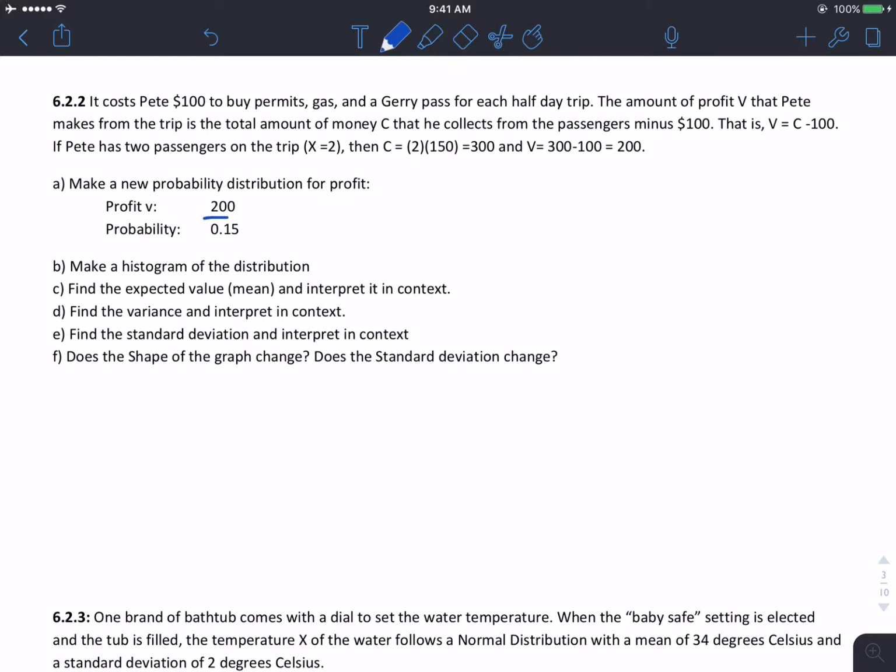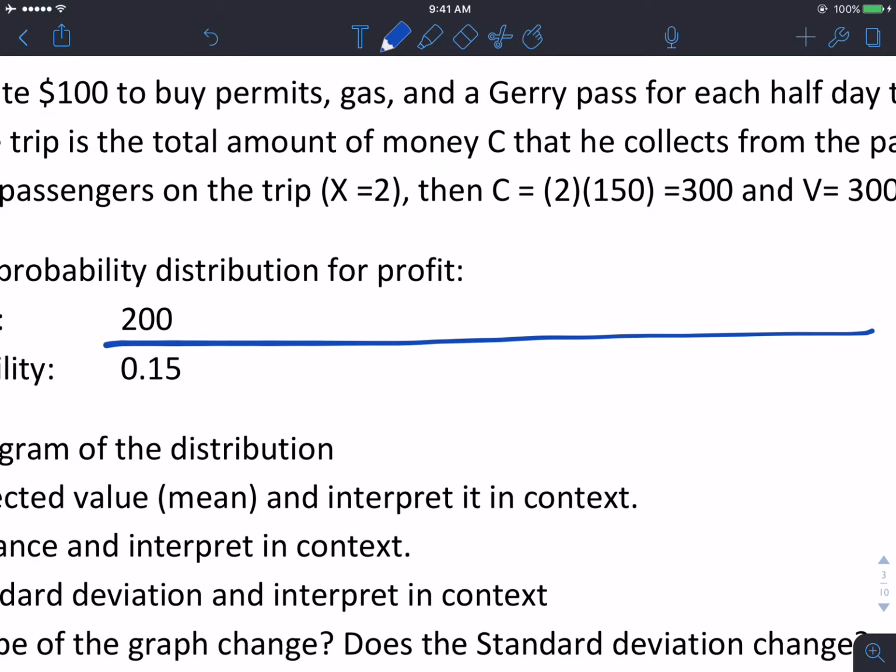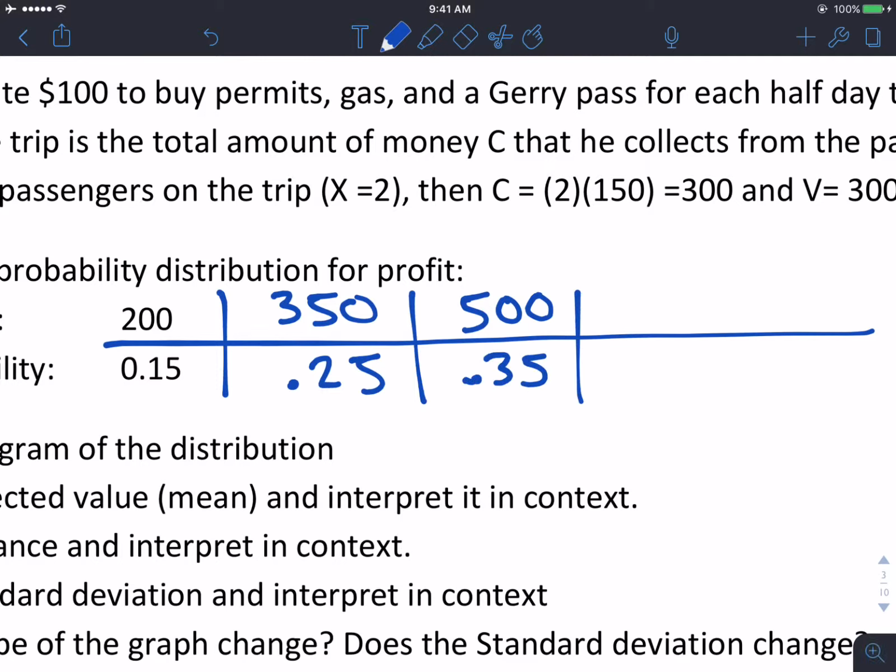So his profit's actually getting cut down for all of that. So instead of making $450, you have to factor in that permit. So that's $350. His probabilities don't change. Instead of making 600, it's now 500 because we need to subtract 100 off of it.